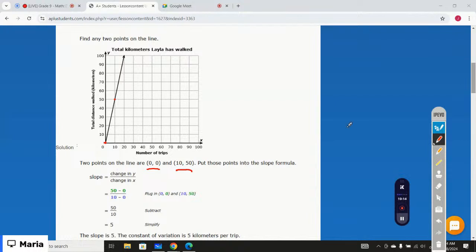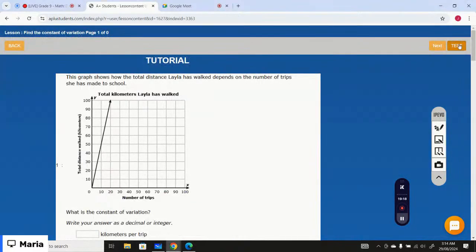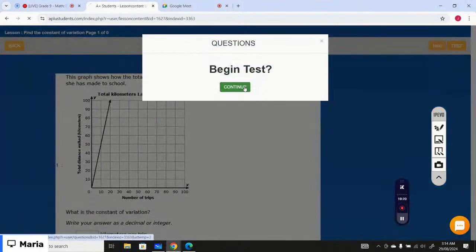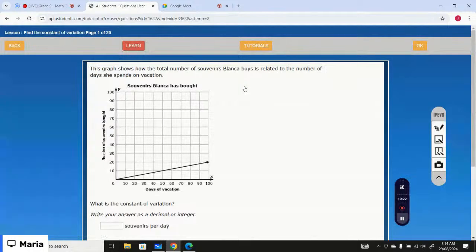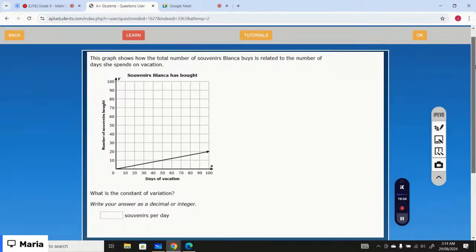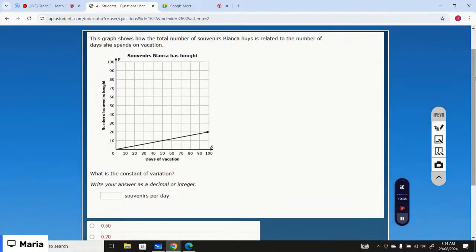Okay, let's just start with the test questions. This graph shows how the total number of souvenirs Blanca buys is related to the number of days she spends on vacation. What is the constant of variation?